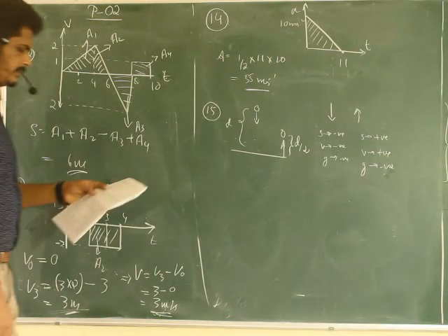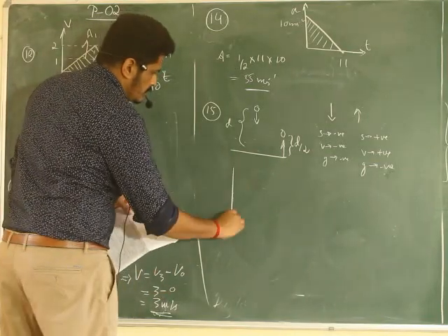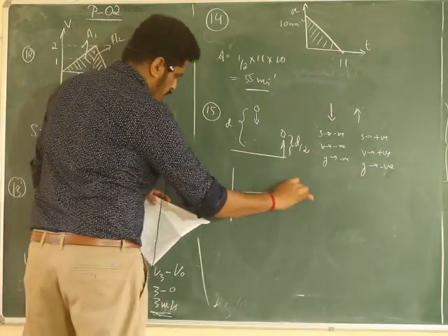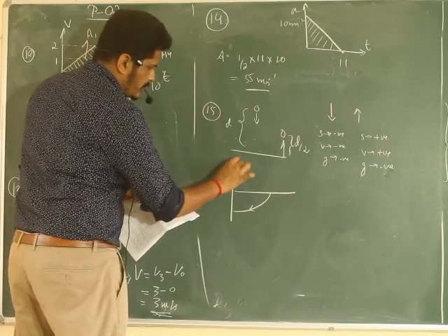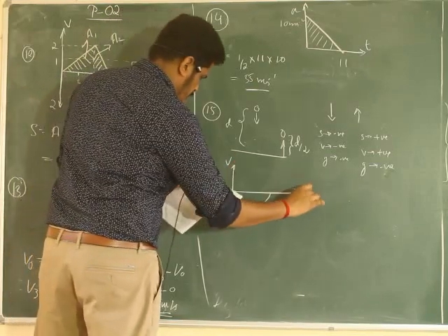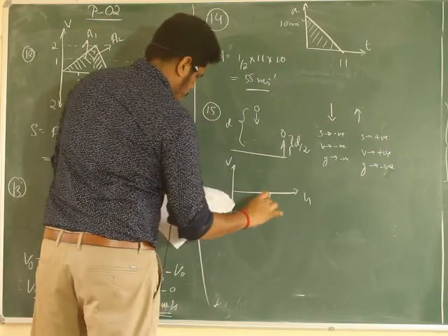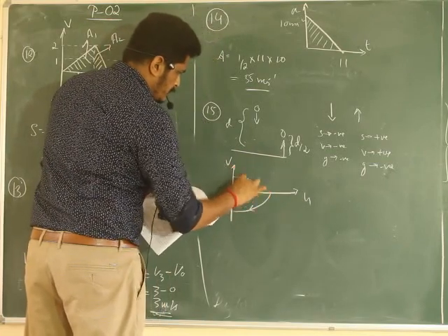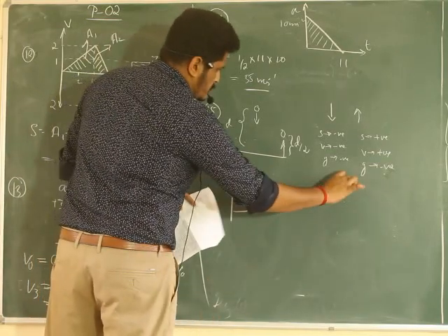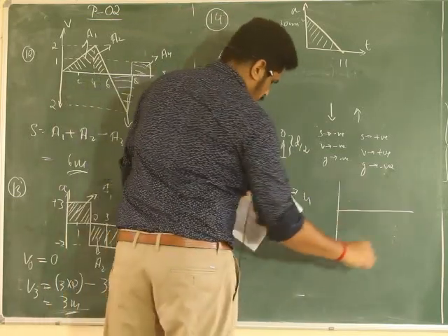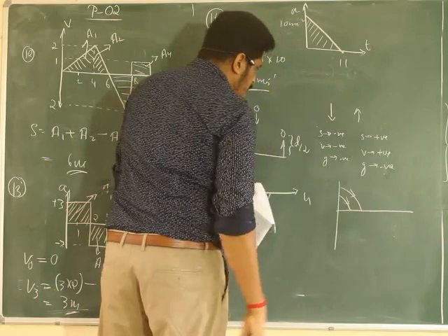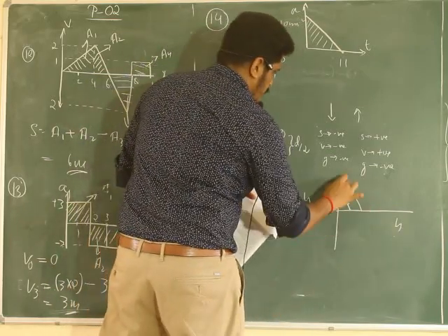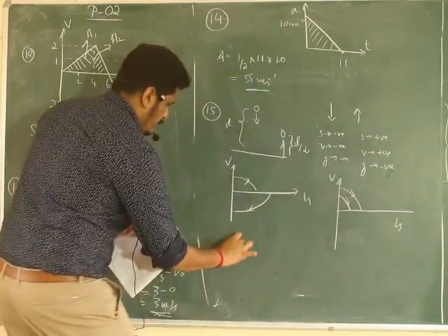Now I will just draw the graphs. One graph was like this. That is velocity versus height. And then one is like this. One more is there. I will just explain how the graph can be explained. Here h, here v, here also.